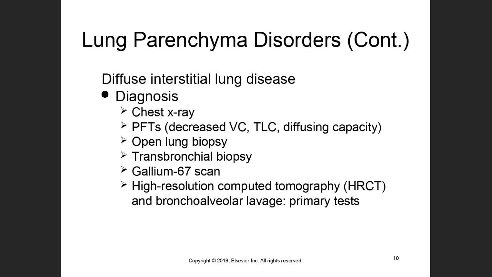Diagnosis, of course, you have to do a chest x-ray, pulmonary function test, and remember the main characteristic. You could do an open lung biopsy, but most of the time this is to rule out malignancy. Okay. Transbronchial biopsy, gallium 67 scan, that's like an image that you use to see better resolution.